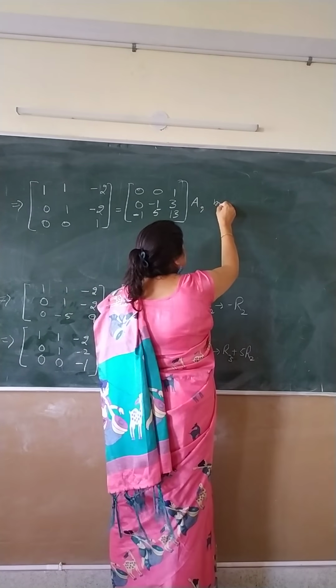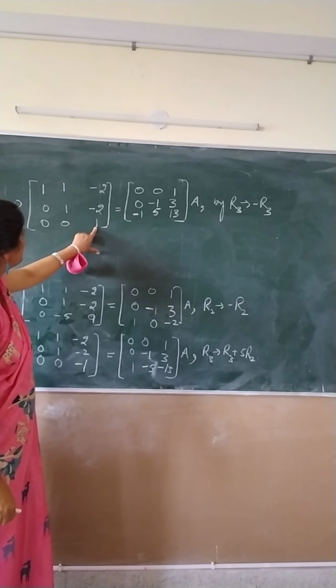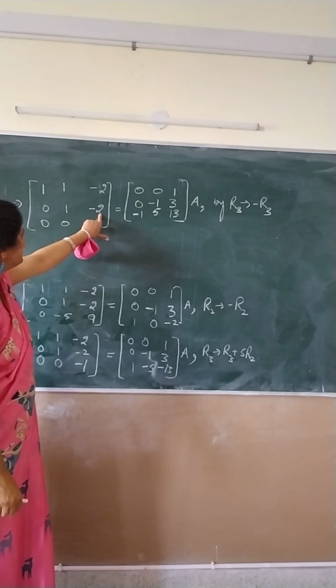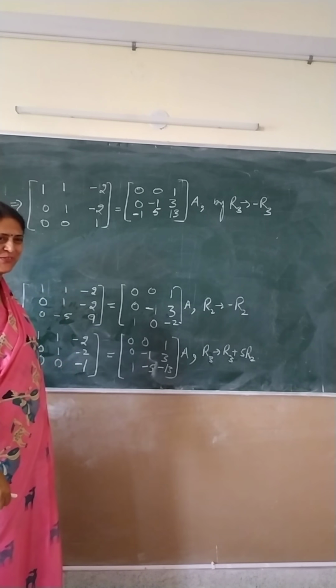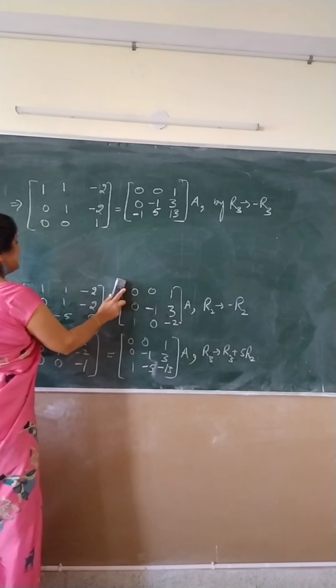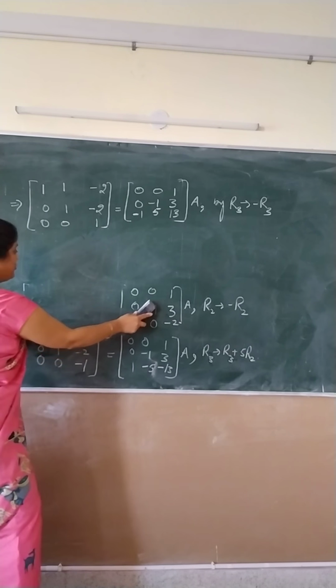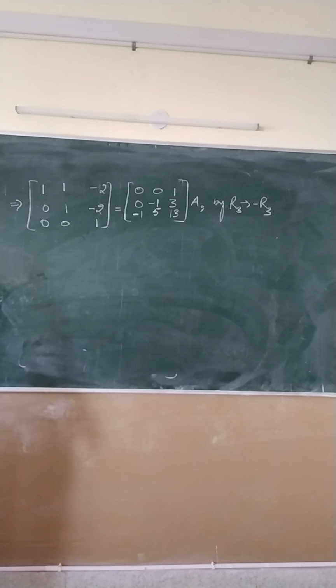Now see, students, after this 1, 0, 0, 0, 0, 1, you have to make this 0 and this one 0. Now how will you make? Now after this you have to do which step? You have to make this entry 0. How will you make?